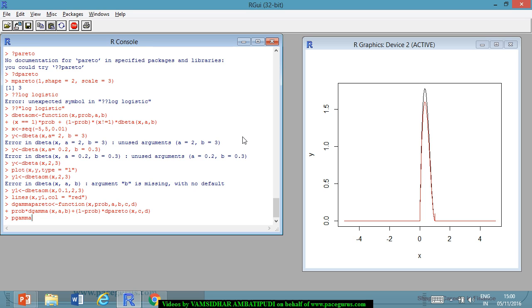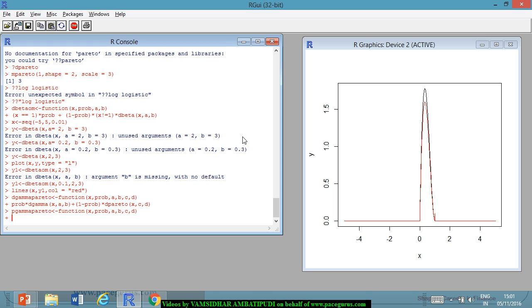Similarly, if I have to generate the pgammaPareto for this, I can very well generate the pgammaPareto again with the same function of x, prob, a, b, c, d.